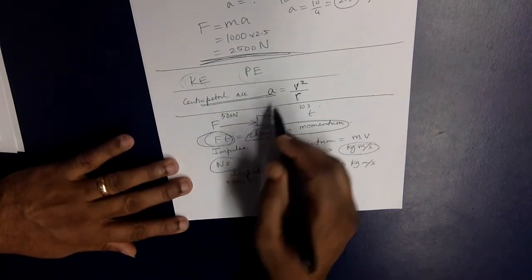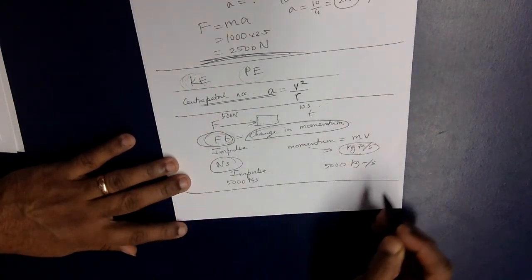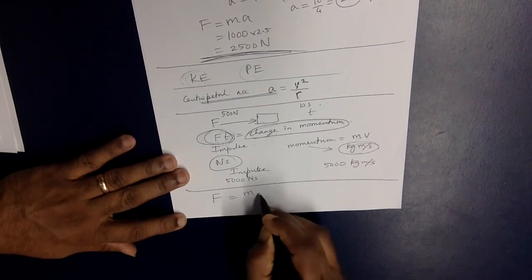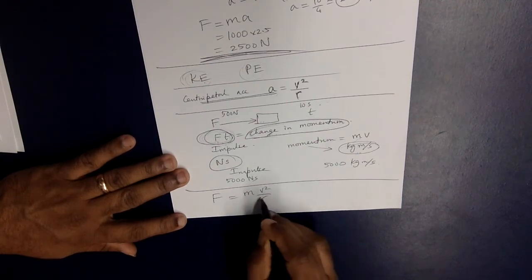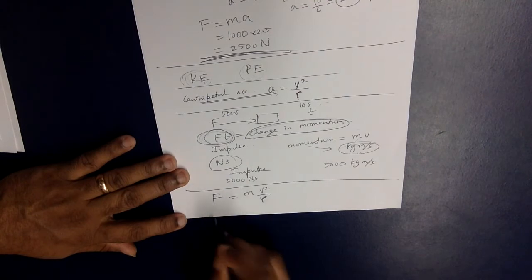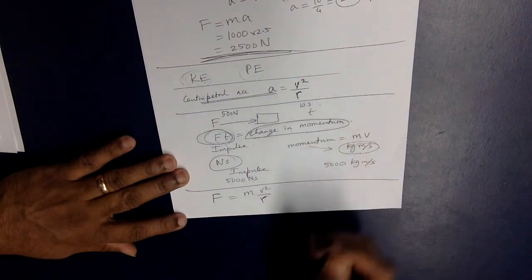Now centripetal acceleration we saw. What is centripetal force? Centripetal force is mass times that acceleration. So mv squared over r. So this is centripetal force, and that's centripetal acceleration.